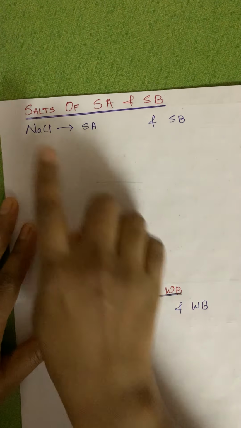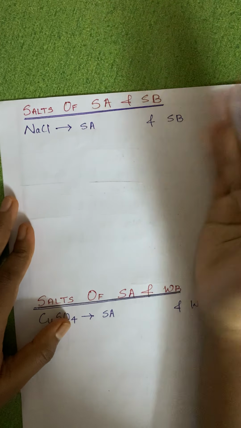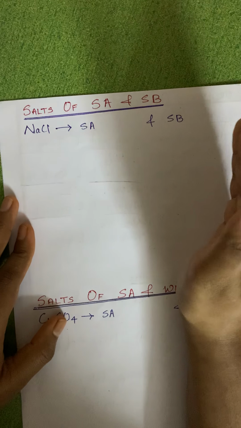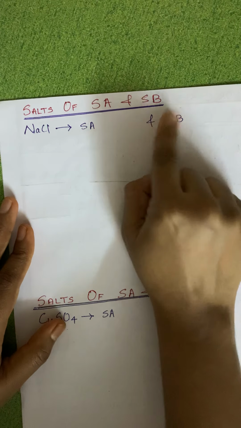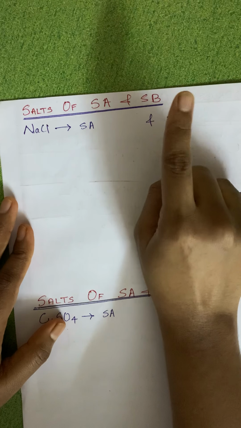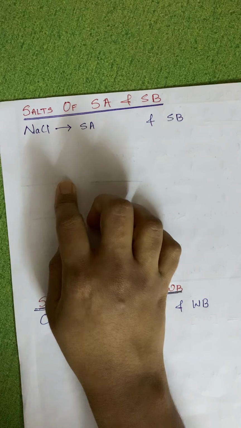To start with, the first one: salts of strong acid and strong base. Henceforth I'll be referring to strong acid as Sa, strong base as Sb, weak acid as Wa, and weak base as Wb.